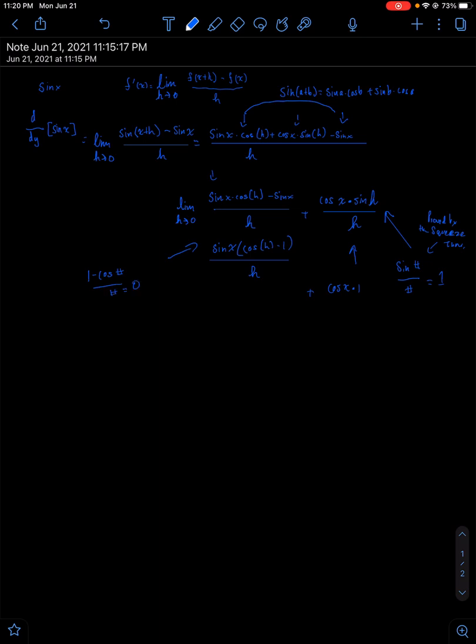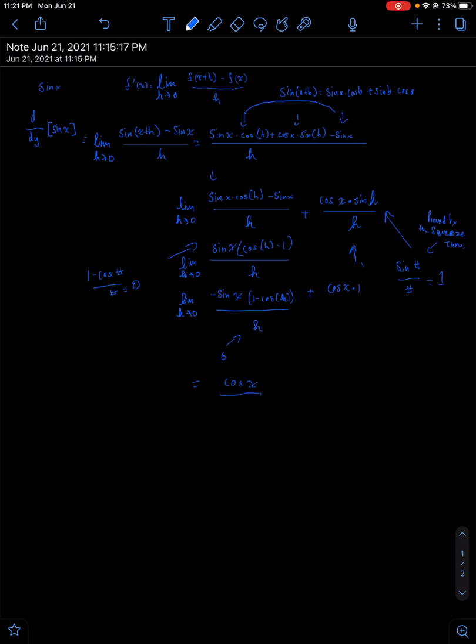We can simplify this, even though we don't need to, as negative sine x. Here, let me write the limit part. It's important to write the limit for every step because it clarifies exactly what you are doing. So this is negative sine of x times 1 minus cosine of h all over h. We know that this goes to 0 and that goes to 1, so this is just equal to cosine of x.